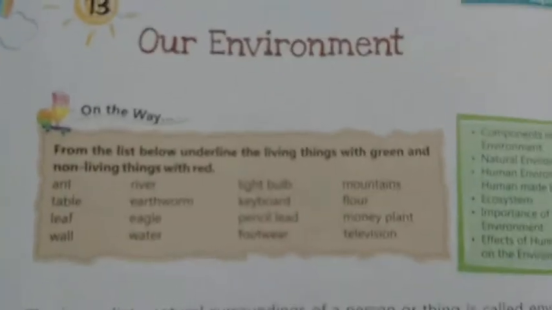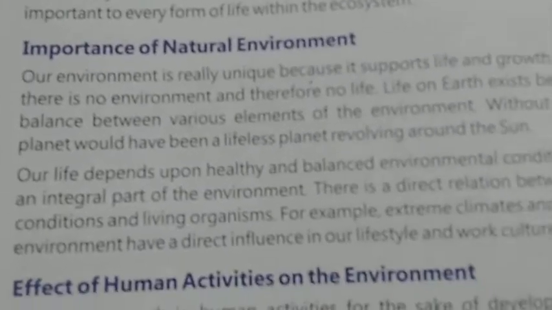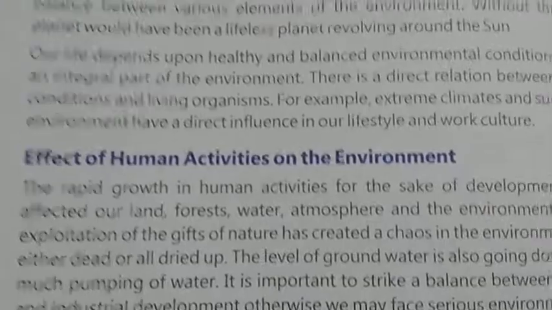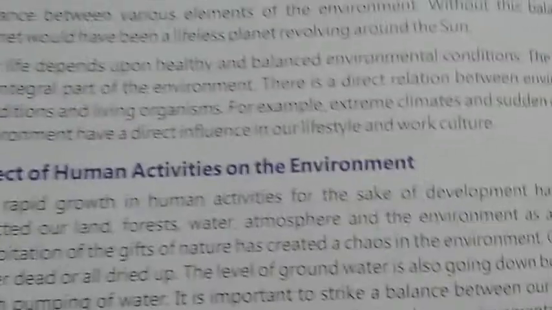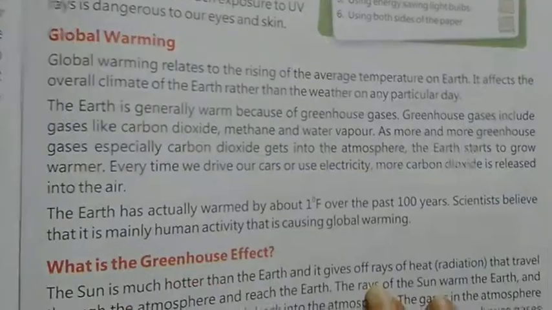We already learned the components of environment, natural environment, human environment and human-made environment, ecosystem, importance of natural environment, effect of human activities on the environment, ozone depletion, the ozone hole. Now, I'll tell you today about global warming.